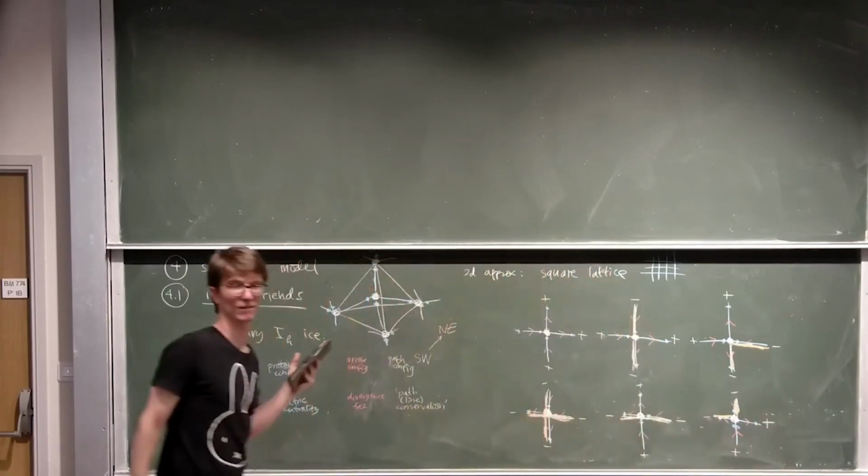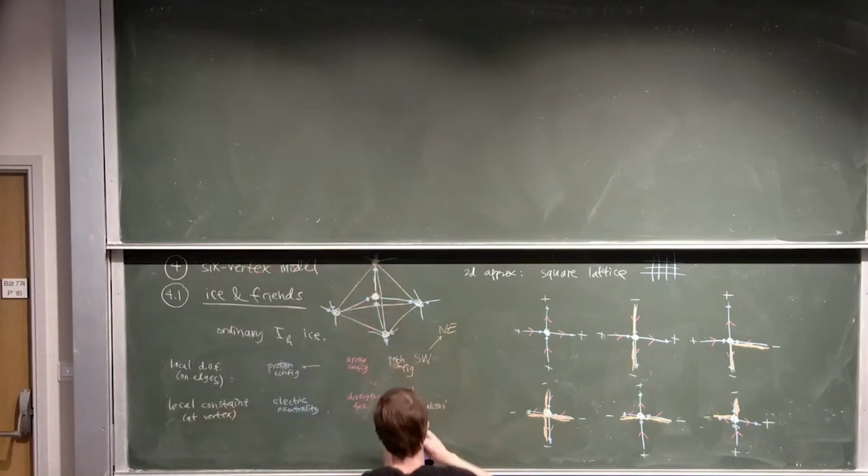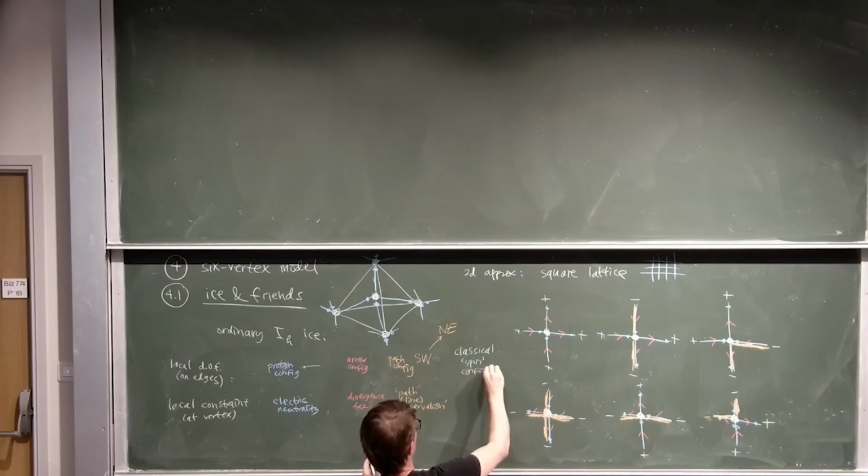So that's yet another way of thinking about all this. This is like a classical Ising-type spin. I'll put it in quotes because it's not at all a quantum mechanical spin, it's just a plus or minus variable. And so we have a classical spin configuration, and then the rule says that spin is conserved.